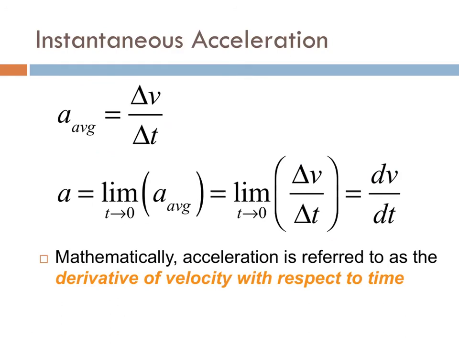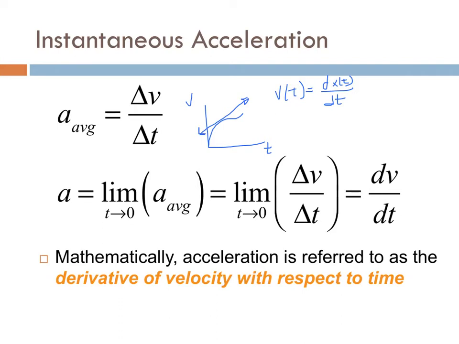We said that velocity was the derivative of position with respect to time. Well, we haven't talked about acceleration, and if acceleration is a change of velocity over change in time, well then if we had a velocity time graph with some velocity function, we can actually take the derivative, or a line tangent to a curve, and take the slope of that line.